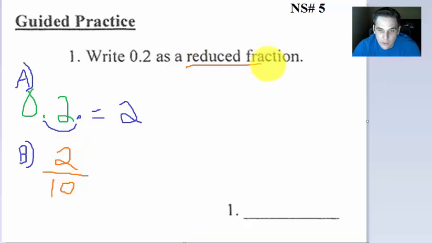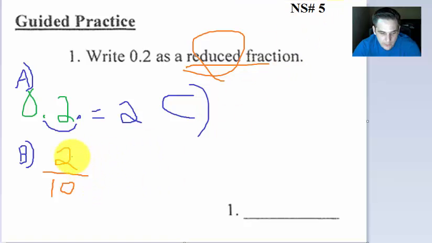Now it says reduced fraction. So you're not just done. You got a fraction, but is it reduced? Alright, so that goes into step C. And to reduce it, you find the greatest common factor. So the greatest common factor of 2 and 10 is 2.